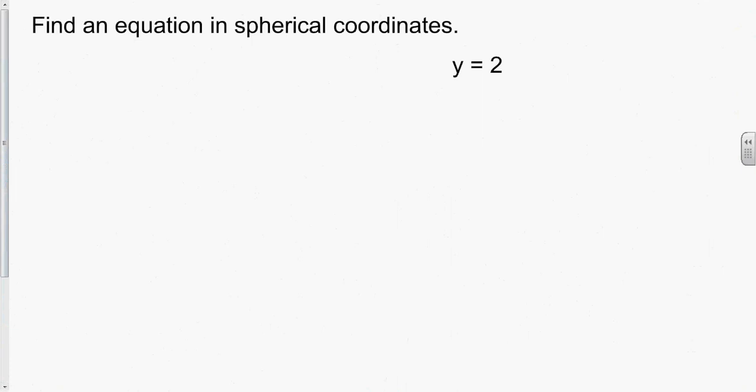You should find that equation that says y equals, and everything on the right side is spherical values. And then you just replace that y with the 2, and you have it. So did you find that equation?